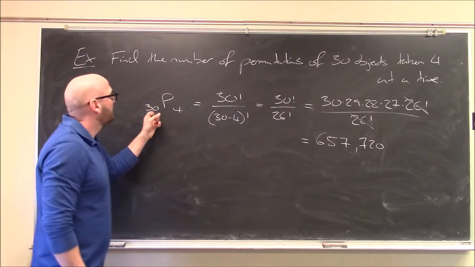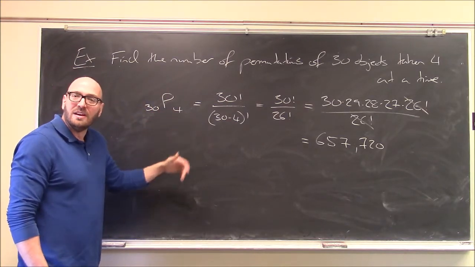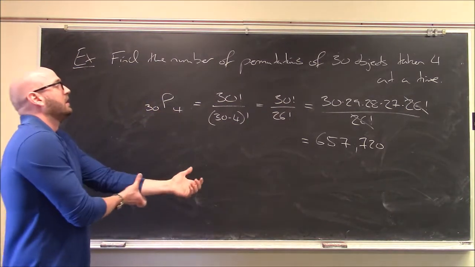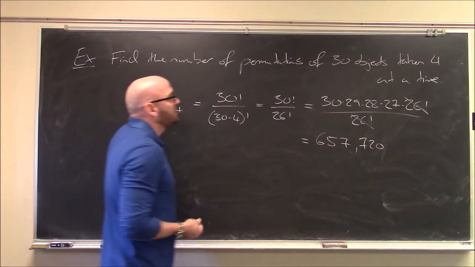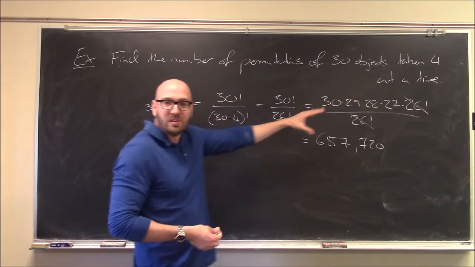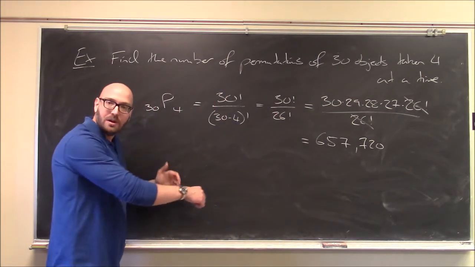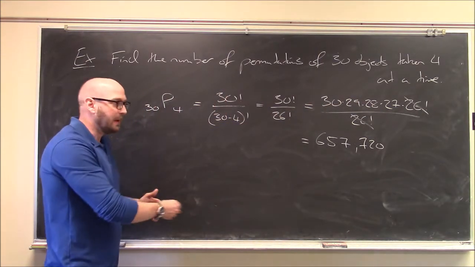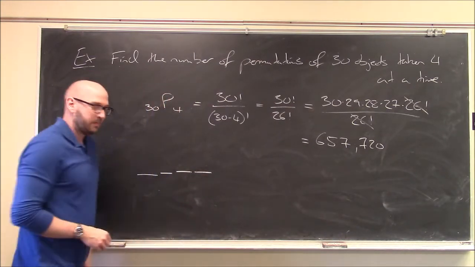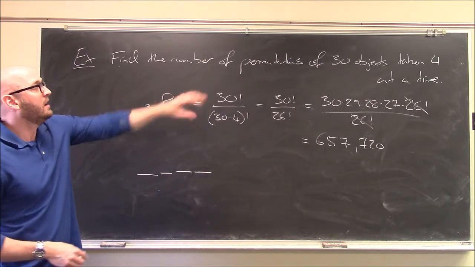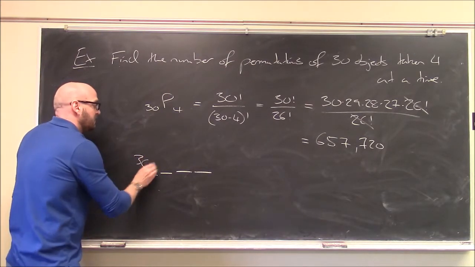Using this formula can be really nice when the numbers are large and messy. But notice that you'll get the same exact result if you just think in terms of events and how many different possibilities there are for each event, as we've been doing, right? I've got 4 choices. For the first choice, I've got 30 objects to choose from.